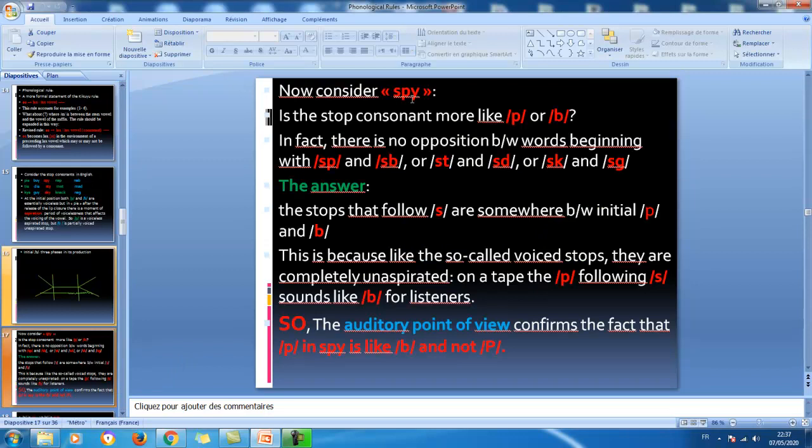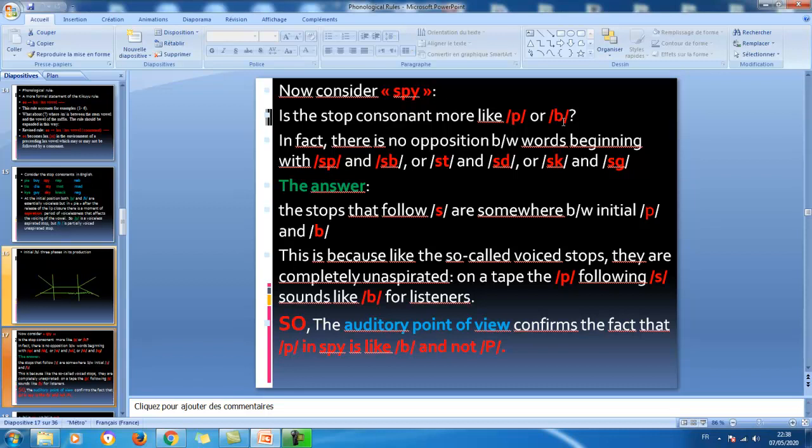Now consider spy. Is the stop consonant more like P or B? Remember that we are trying to relate the abstract with the concrete. Here the abstract is the phoneme P. But is it like P or like B?